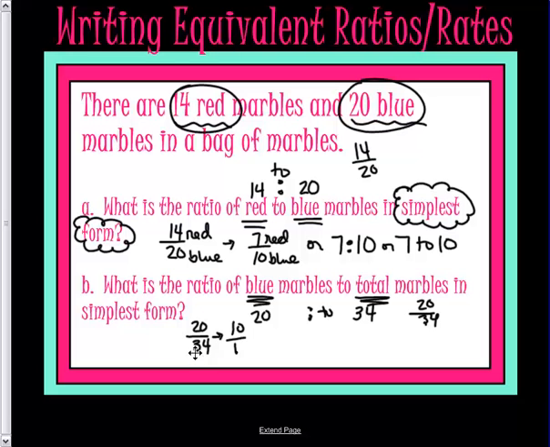Well, 2 goes into 30 15 times, goes into 4 twice, so 17. Can it go any further than that? 17 is a prime number, so no. So 10 blue marbles to 17 total marbles. So 10 to 17.